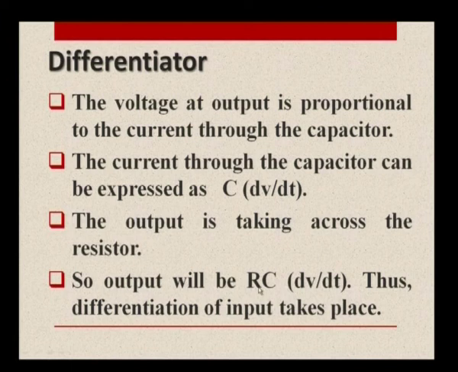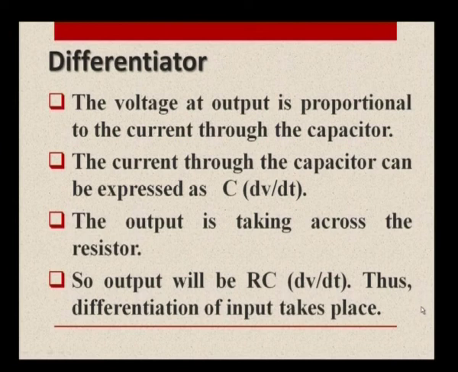So, the output will be RC dV by dt, because this is the current only, and we need to multiply with the resistor to get the voltage. When we look at this expression, the dV by dt comes, which is nothing but a differentiation operation. So, we call this circuit a differentiator.